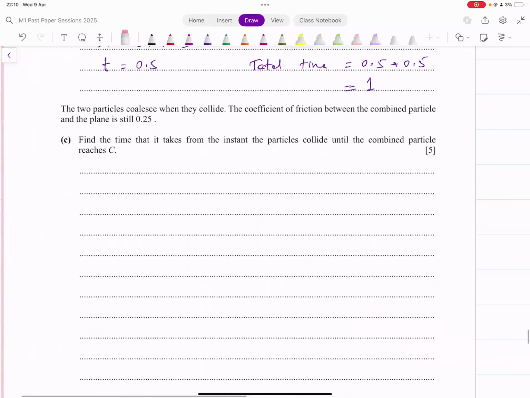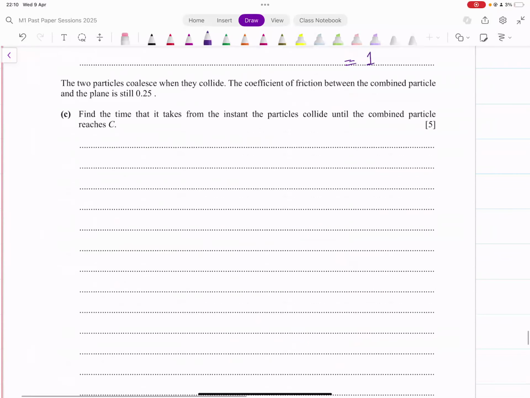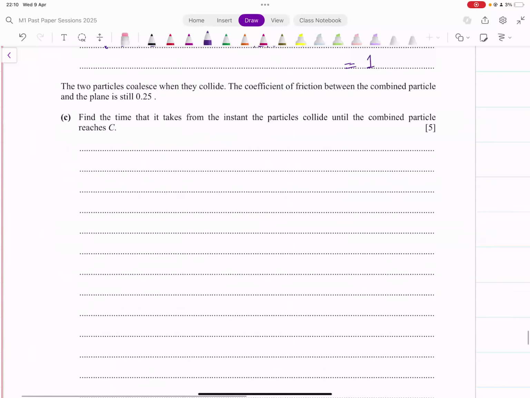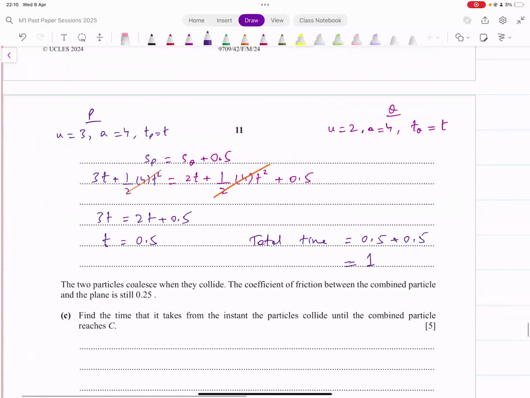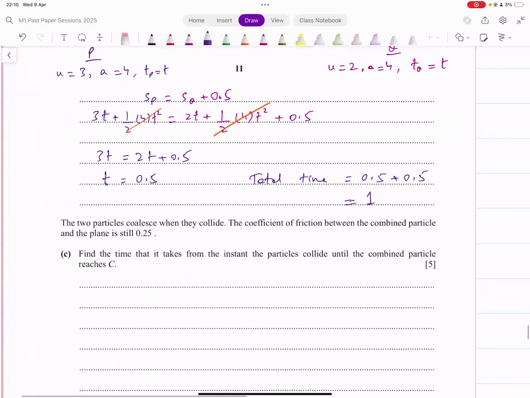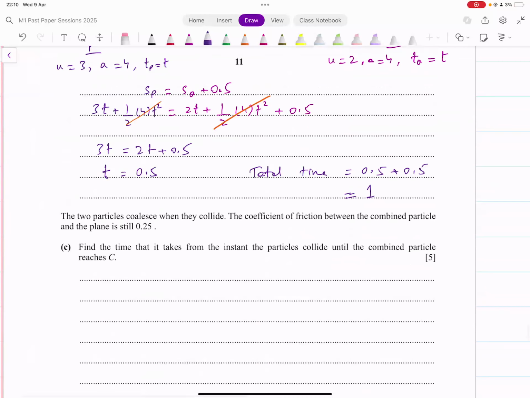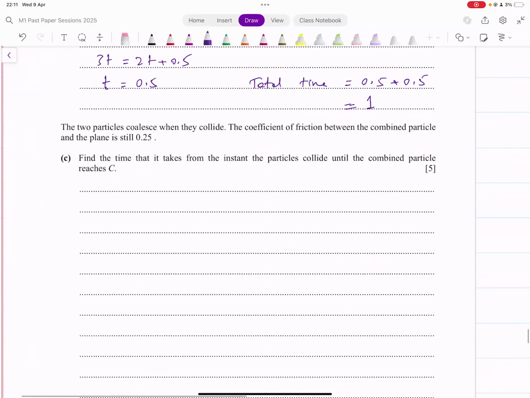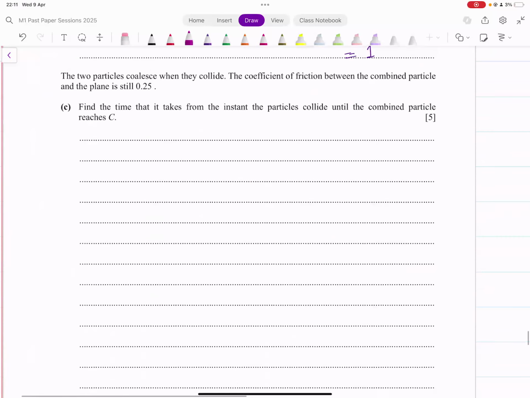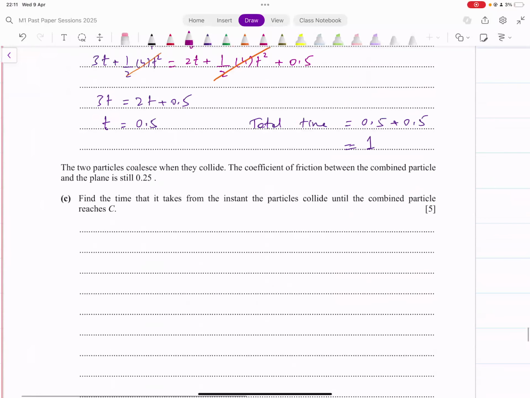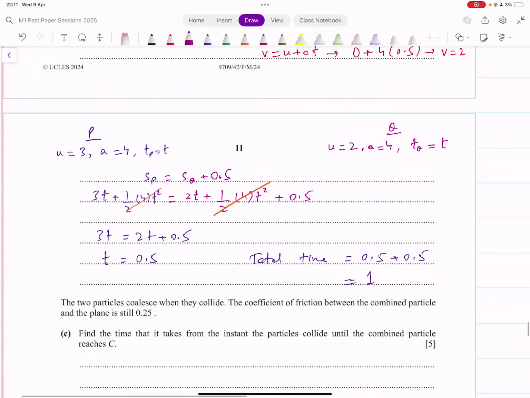First of all, the two particles collide. When they collide, we will have to use conservation of momentum. For that, we need to know the momentum just before collision and the momentum just after collision.